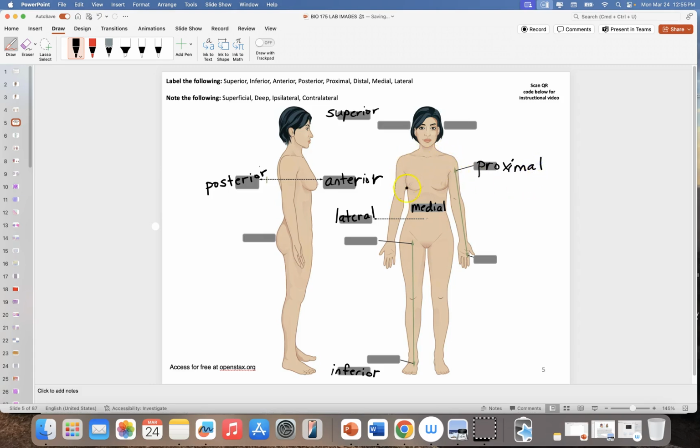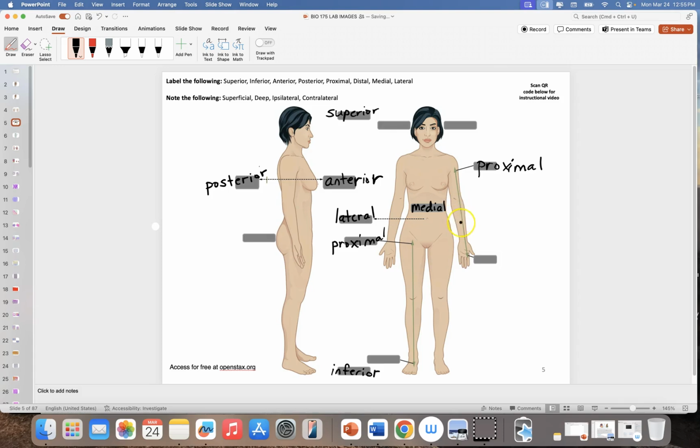The base is the trunk, and the arm attaches to the base at the shoulder joint. The leg attaches to the base at the hip joint. Closer to the attached base is proximal. Therefore, that shoulder joint and hip joint are proximal.